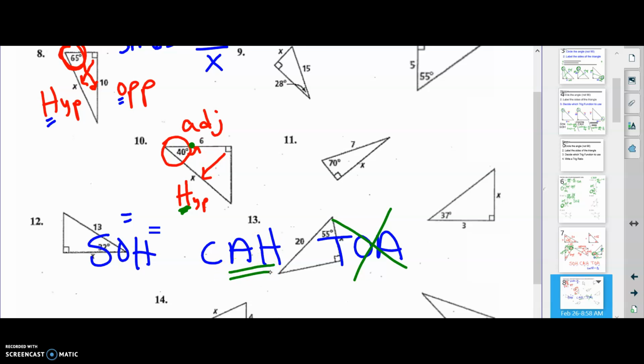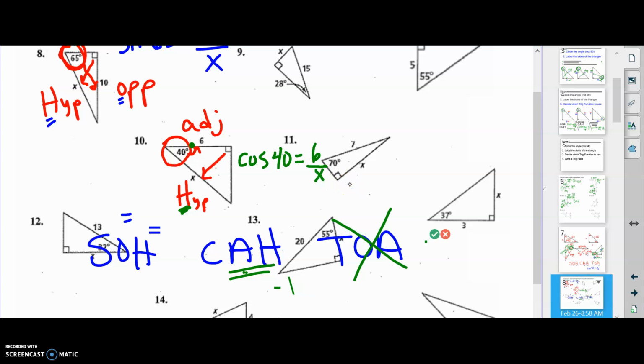I write down cosine, then my angle, 40, equals. The A comes first in CAH, so my 6 comes first. Then the hypotenuse comes last, so my X is last. Again, we will learn in class how to solve that, but for now we're just setting it up.